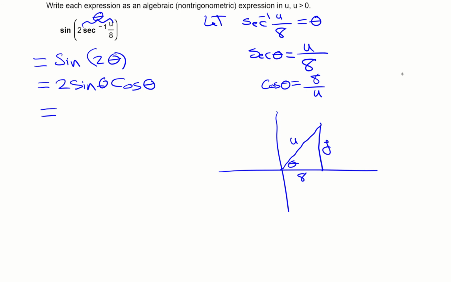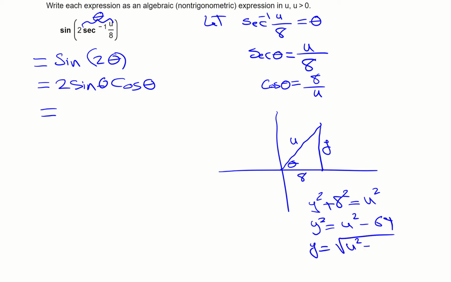So we have y squared plus 8 squared equals u squared. So y squared equals u squared minus 64. So y is going to be the square root of u squared minus 64.